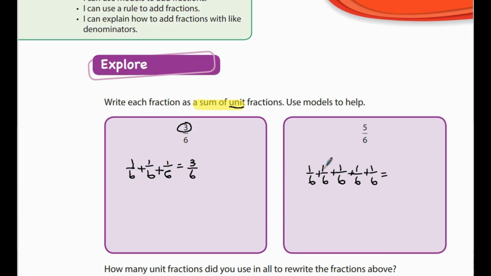Now I know 1, 2, 3, 4, 5 ones is 5/6. In other words, whatever your fraction is, that is the unit that many times. You look at the numerator to determine how many units you are going to need.